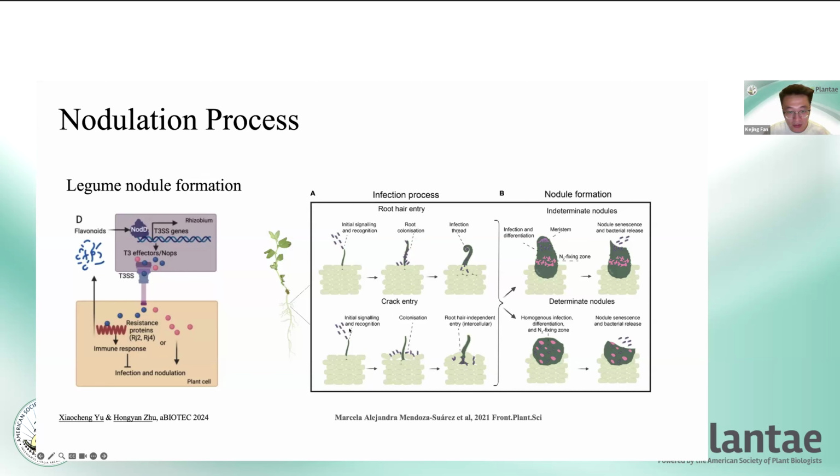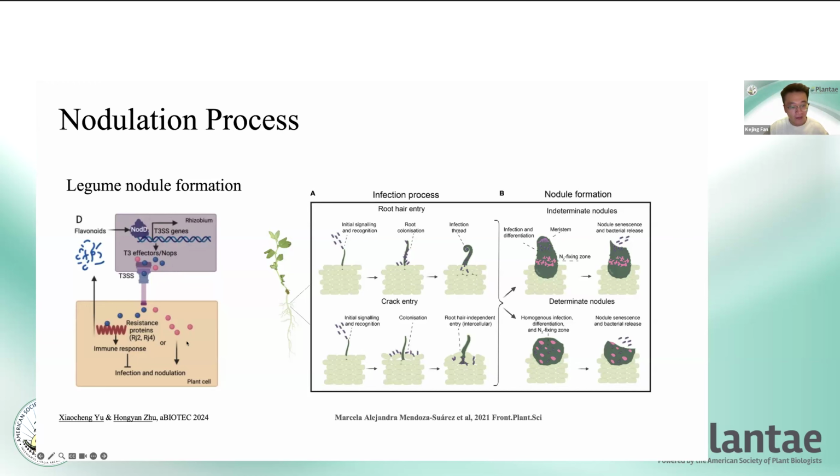Rhizobia can get into the soybean host in two ways. One is from the root crack, meaning crack entry. The other way is from the root hair through the T3SS secretion system. The soybean root hair can release flavonoids to attract the rhizobia. Rhizobia can attach to the root hair and squeeze some effectors or NOPs into the soybean host.